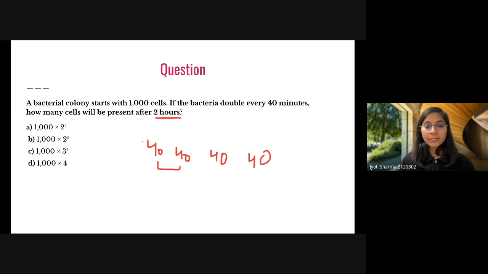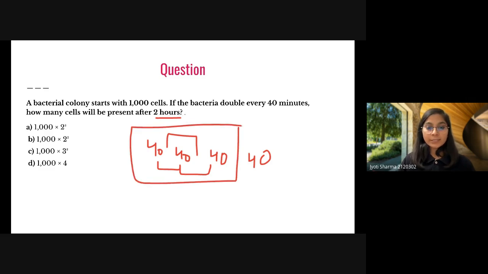So this will be 80 minutes, this will be 120 minutes. So this many generations will give you the 2 hours. It started with 1000, after 1000 it will be 2000, after 2000 it will be 4000, and after 4000 it will be 8000, right? So this is how you can solve this question.